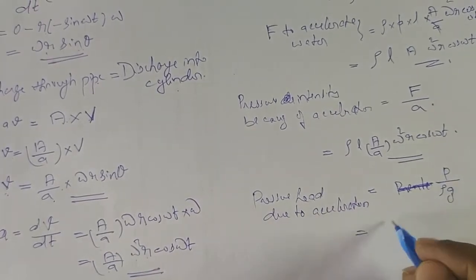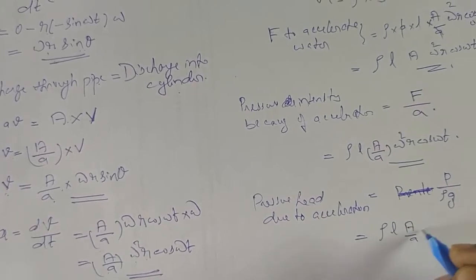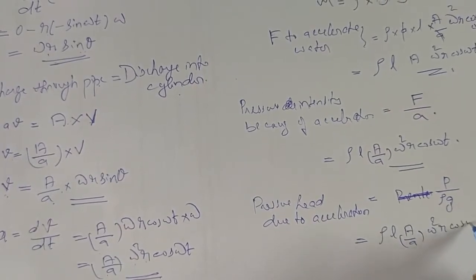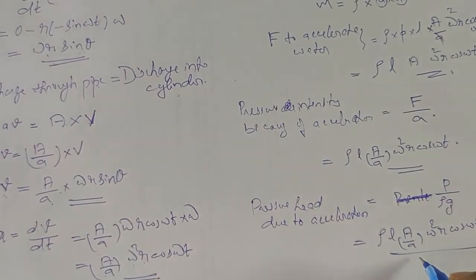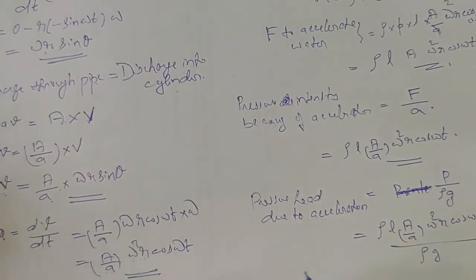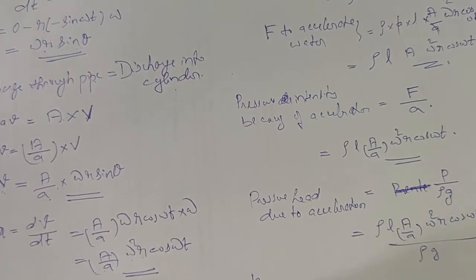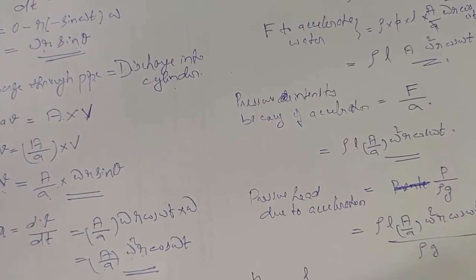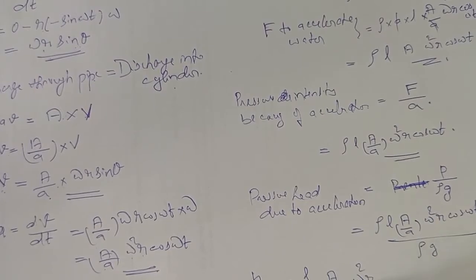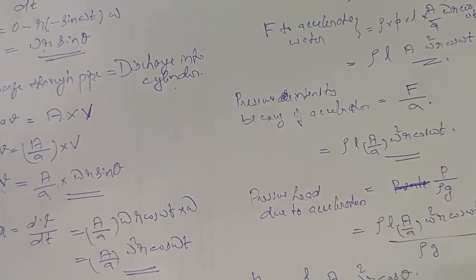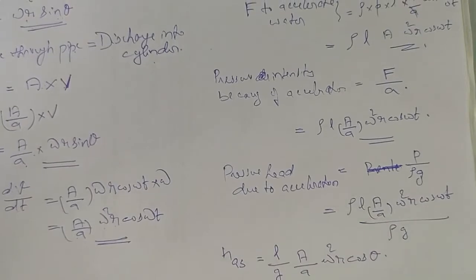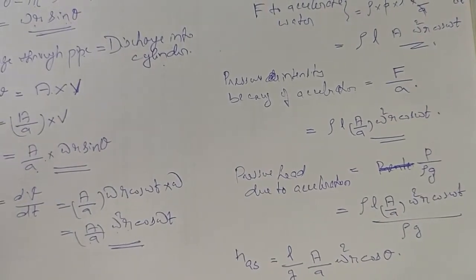So that is equal to rho l (A by a) omega square r cos omega t by rho g. So the acceleration pressure head, we can call it h_as, is equal to (L by g)(A by a) omega square r cos omega t, or cos theta.